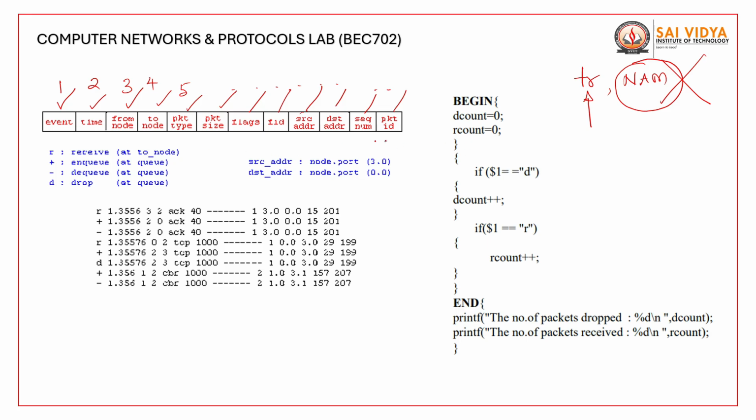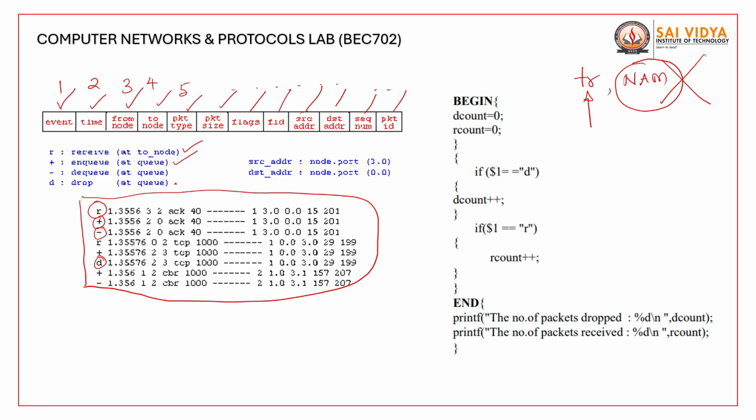Whenever we are going to write the AWK file, please check the trace file for this information. Here you are going to find r, plus, minus, and d. What does r represent? r represents receive, and plus represents that it is at the queue. What does minus represent? It is dequeue. What does d represent? Drop.